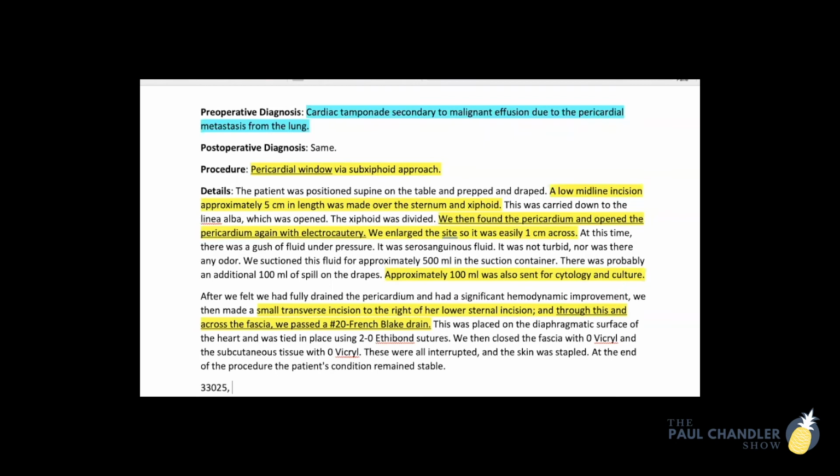Now then, for the diagnosis code or codes, so let's see. First, we have cardiac tamponade. So that's one item I'm going to care about, secondary to malignant effusion due to the pericardial metastasis of the lung.